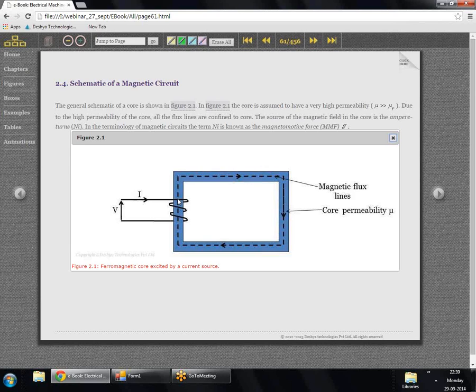This magnetomotive force results in flux being formed inside the ferromagnetic core, and the path of the flux lines is shown in this figure through the dotted lines. These dotted lines show the flux present inside the ferromagnetic core, and the direction of the flux lines can be determined from the right hand thumb rule.